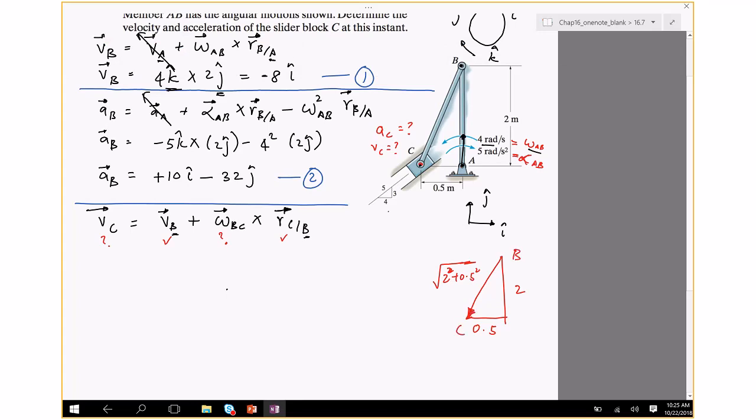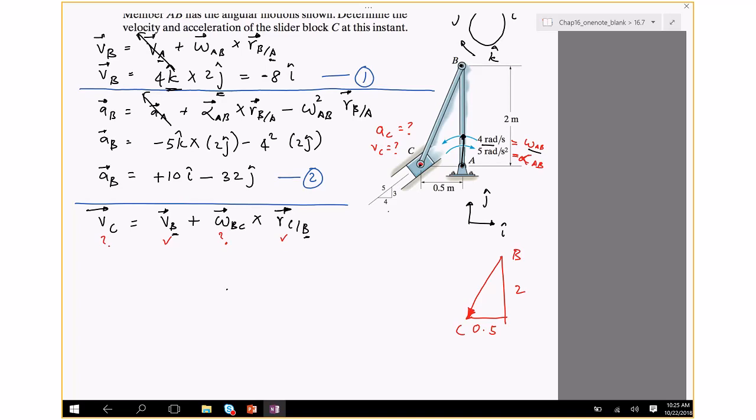So I need to find that vector. One way to do it is to find this angle, and then you know the length, you know the angle, and you can find cosine and sine. But here's the shorter way to do it. You don't actually have to find this length, that's a waste of time. You know the i component is 0.5 and the j component is 2.